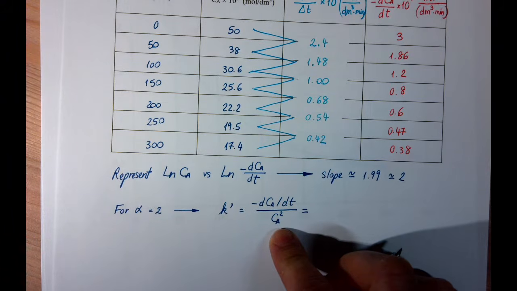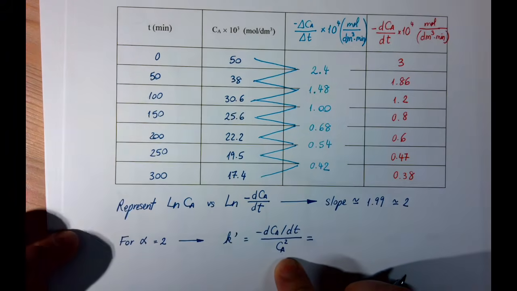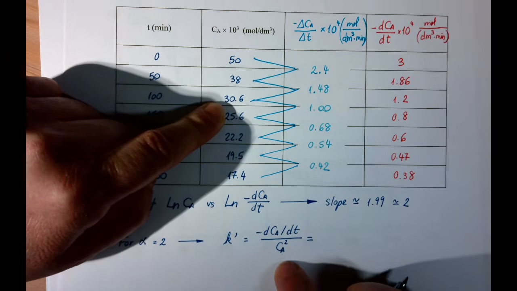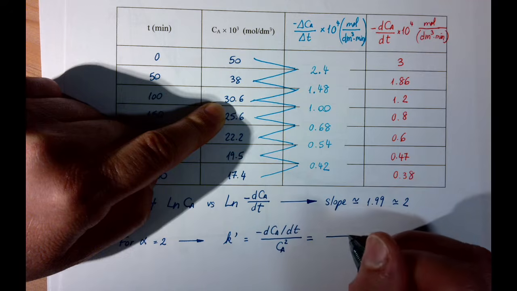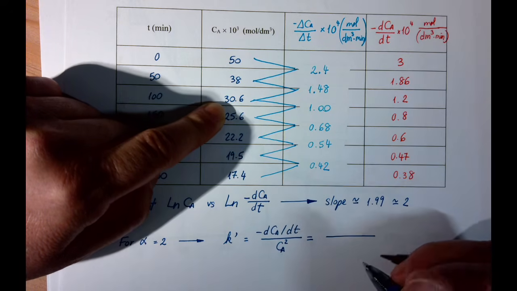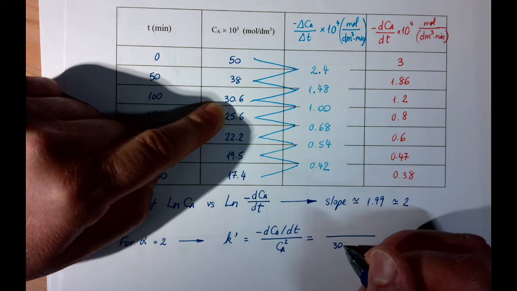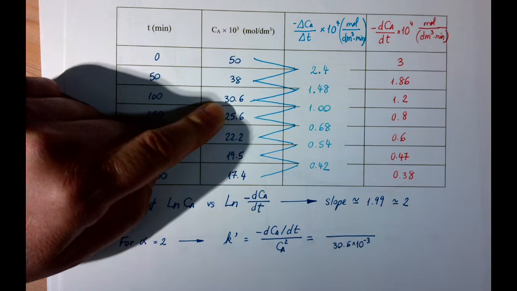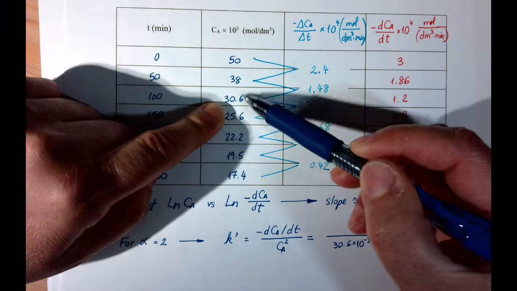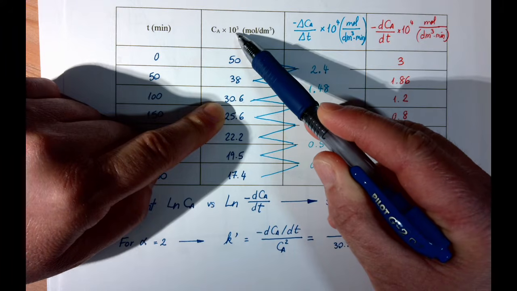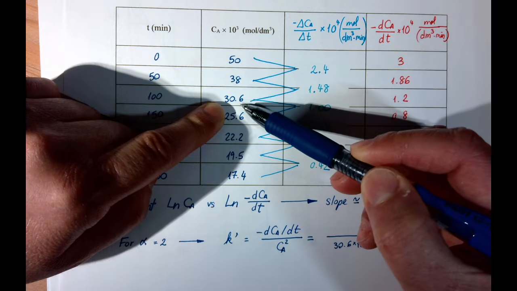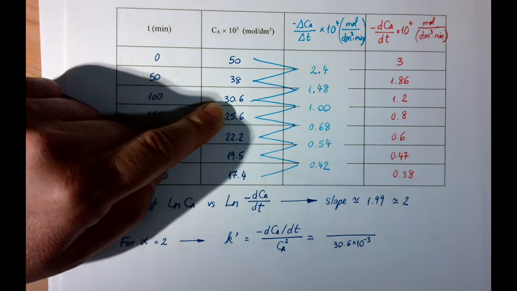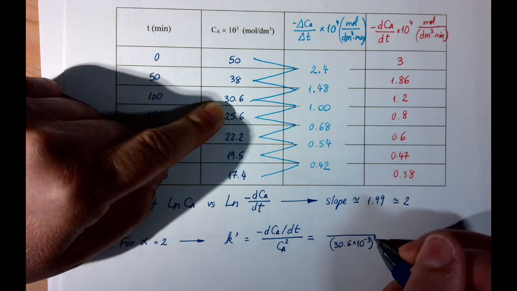So let's say that I pick the point at 100 minutes, 30.6. So CA squared is going to be 30.6 times 10 to the power of minus 3, because remember, this is the result of taking CA and multiplying it by 1,000. So the actual value of CA would be 30.6 divided by 1,000, squared.